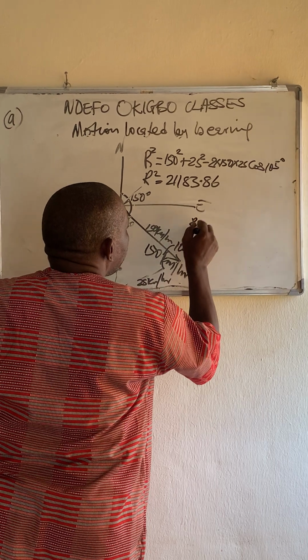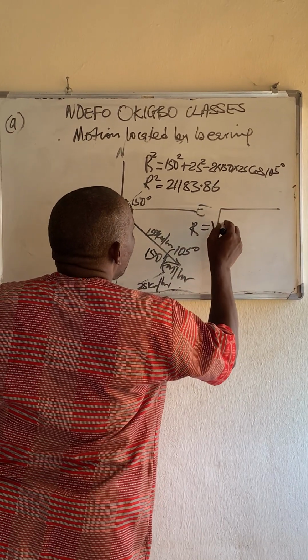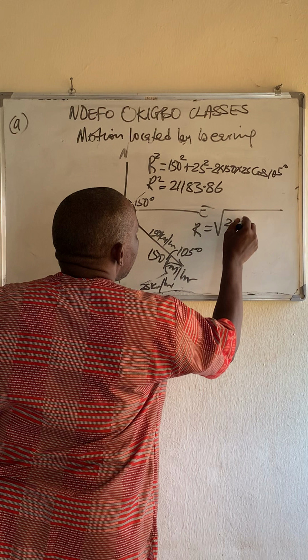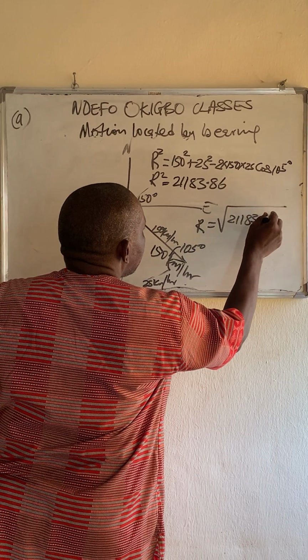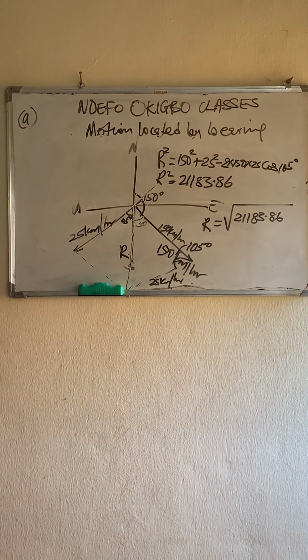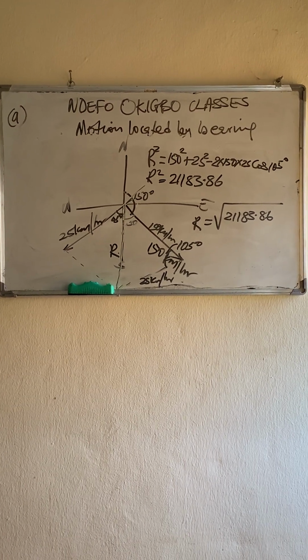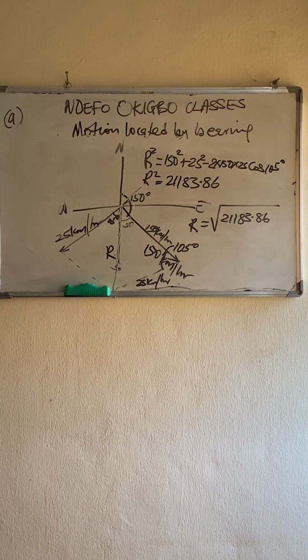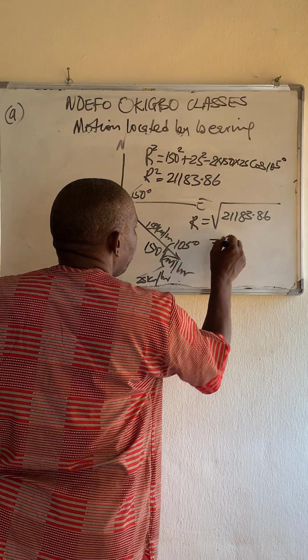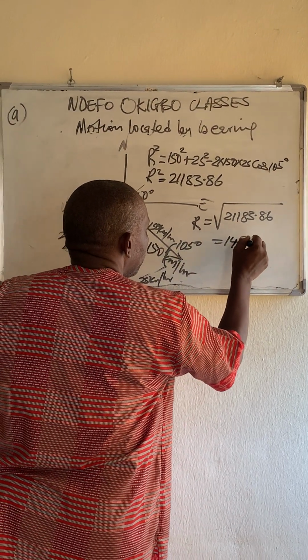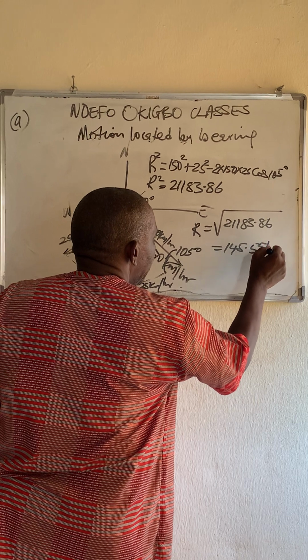That means R is equal to the square root of 21183.86, the resultant, which I got to be about 145.55 kilometers per hour.